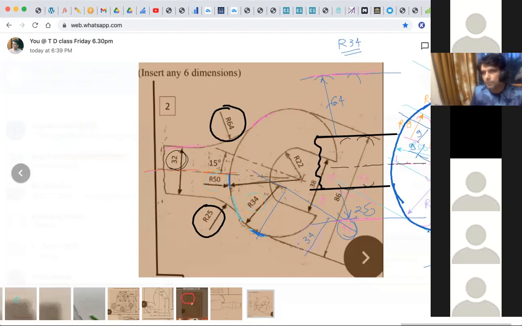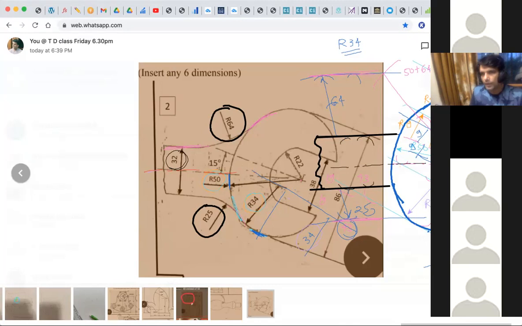From the main point, let's say this is point O, how much should you cut? You should cut 50 plus 64. That is 114. Am I right? And this 25 is merging with this 34 radius.